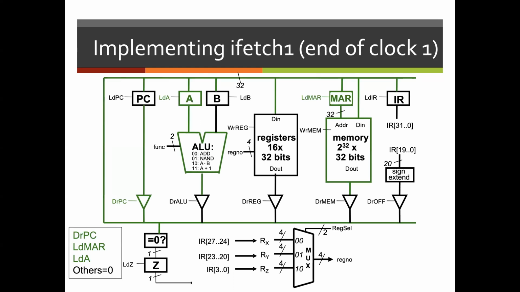Now at the end of the clock cycle, we have here represented in green all of the values that can be seen in the program counter. And here we see that a lot of the registers are able to see the values on the bus, but they ignore it because they don't need to make use of it just yet, except for the memory address register and the A register.